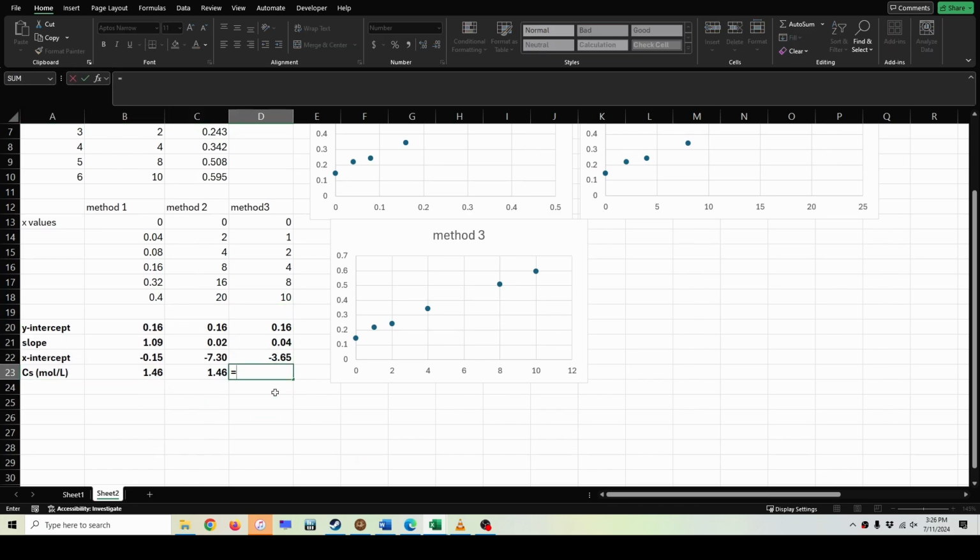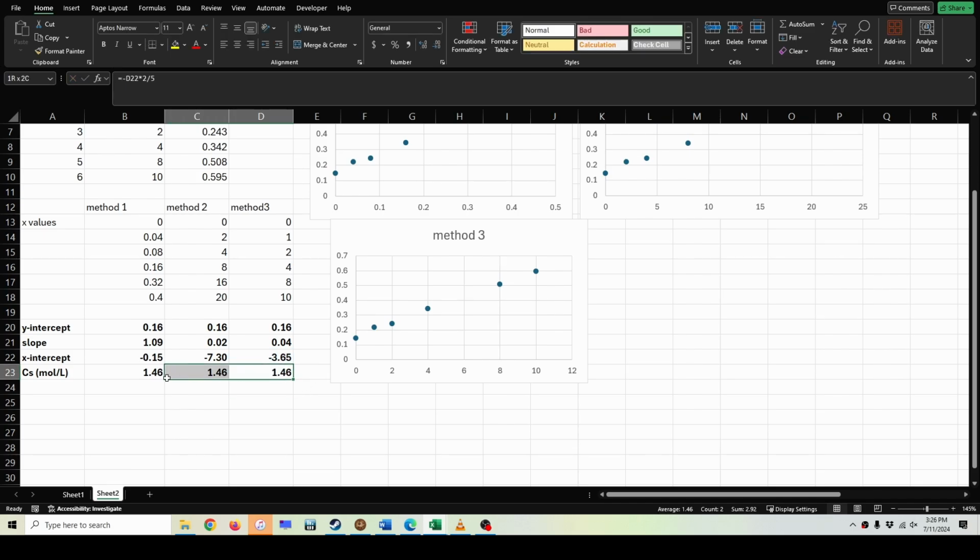Method 3 was negative x-intercept times concentration of the standard solution, which was 2, divided by the volume of the sample solution, which was 5. Volume of sample solution, 5.